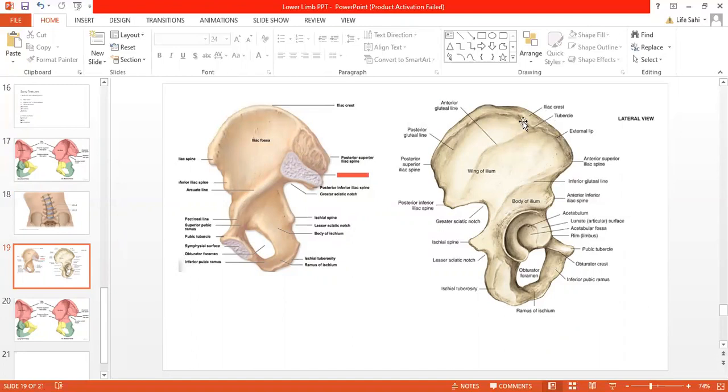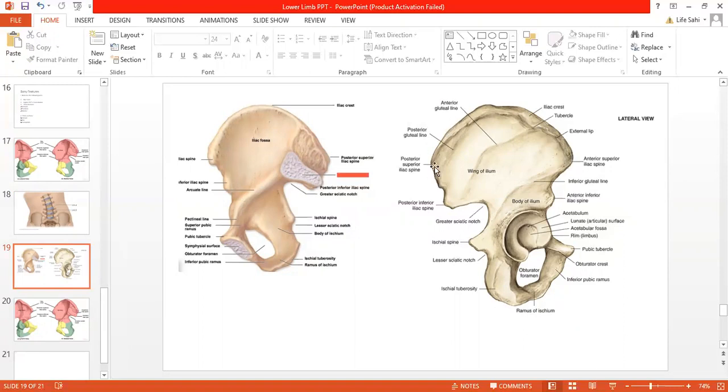The outer border of the ventral segment of the iliac crest shows a projection called the iliac tubercle, which lies almost 5 centimeters from the anterior superior iliac spine.